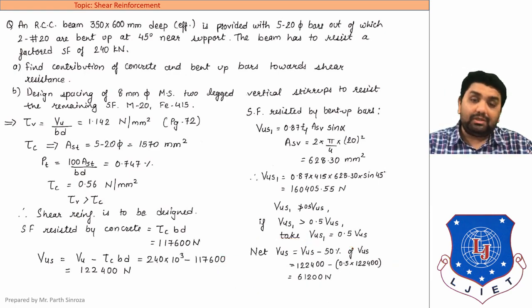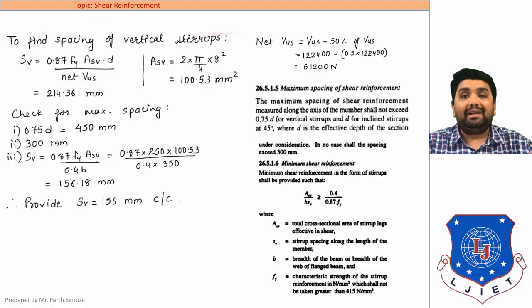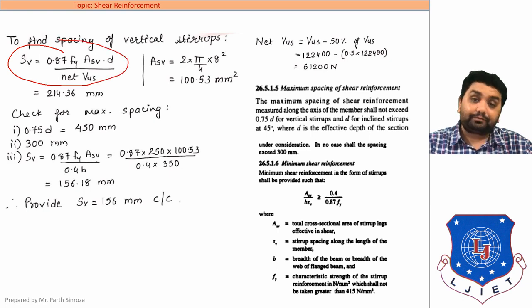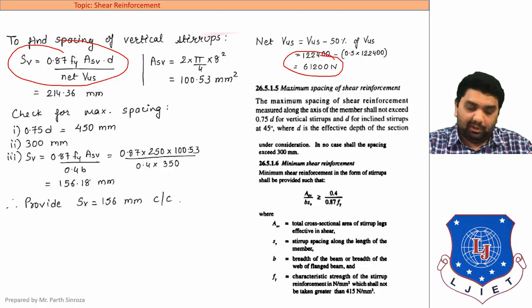So now the procedure will be the same, that we will be finding SV, and SV will be found by the same method, that is SV can be obtained from this equation given on your page 73 for vertical stirrups. SV equal to 0.87 Fy ASV D upon net VUS. Net VUS, as we have seen previously, was 61200 Newton.